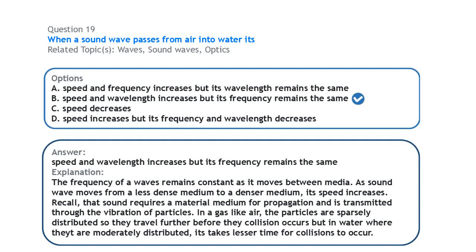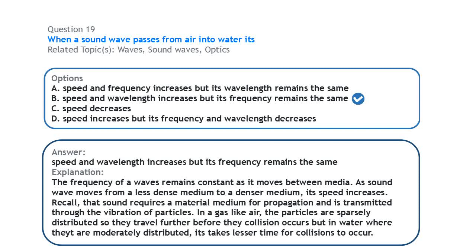Now, sound is a mechanical wave which requires a material medium for its propagation, meaning that in order for a sound wave to travel through a medium, vibrations have to be transferred from one particle of that medium to another. Now, if you look at air and water, the particles of air are more loose than those of water. What that means is that it will take a longer time for vibrations to be transferred between particles in air, but it will take a lesser time in water.